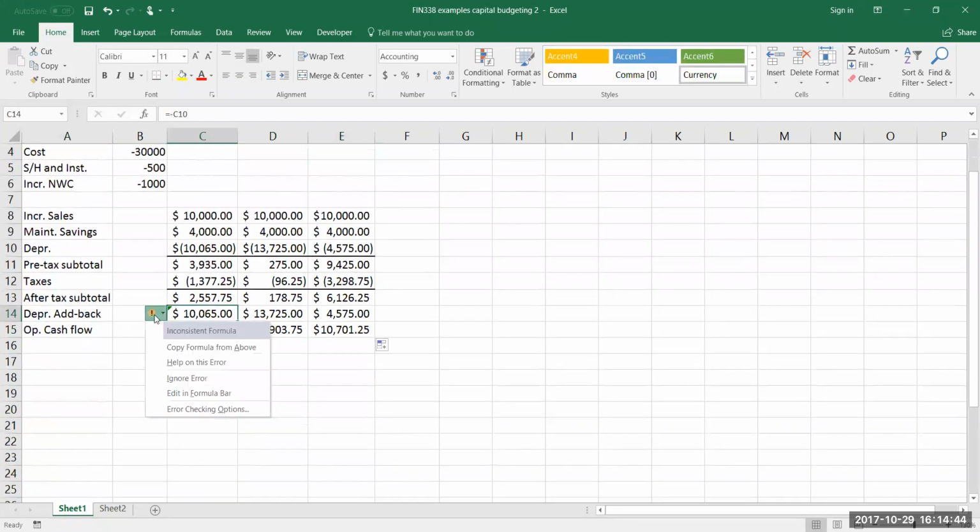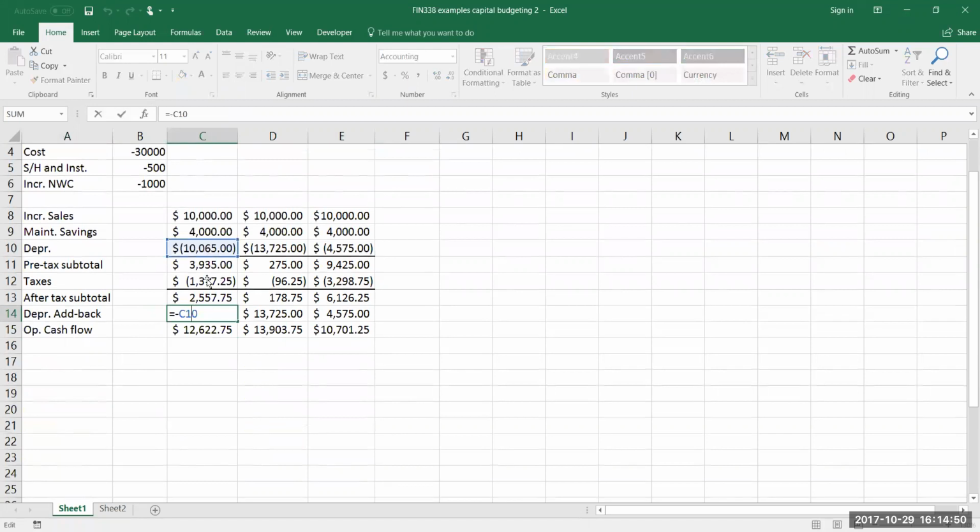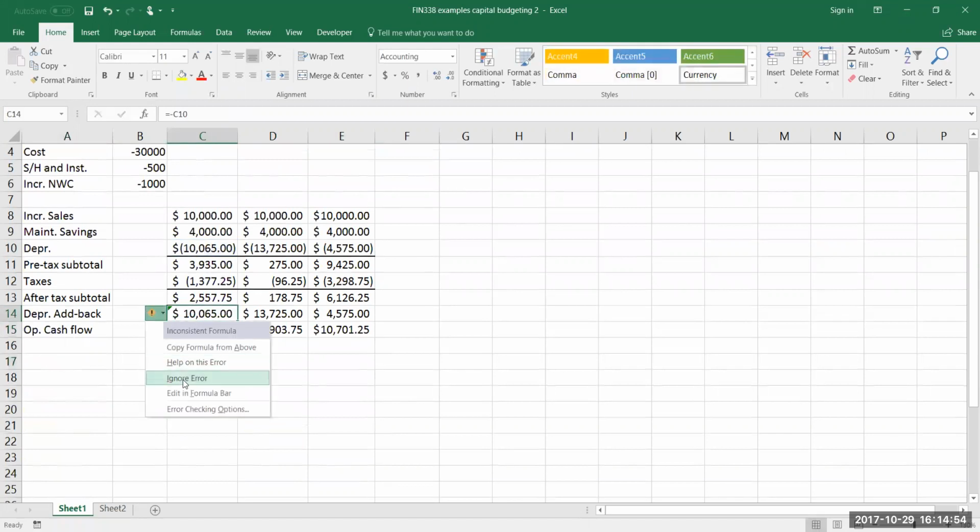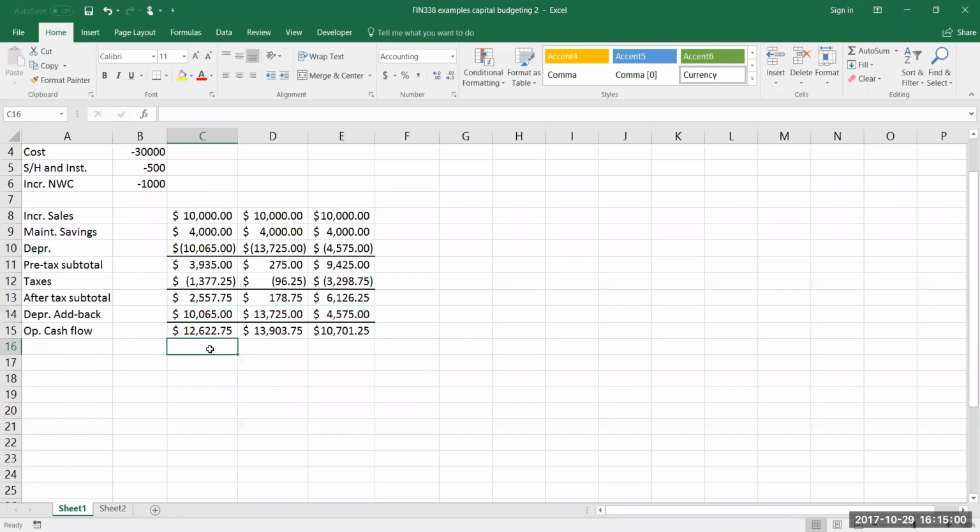And for whatever reason, Excel is thinking that is a bad formula, but if we examine our formula, it's exactly what we want it to be, so it's fine. So we'll just go ahead and ignore that error. So again, let's add a summation line here to make sure this is nice and clear. So I've added the after-tax subtotal plus the depreciation to get to the operating cash flow for each year.